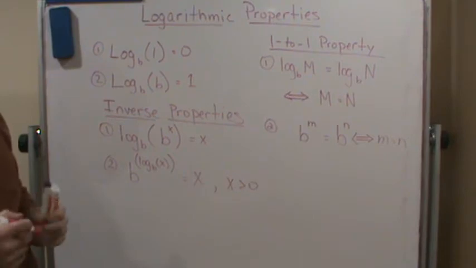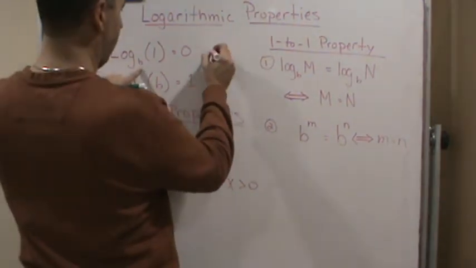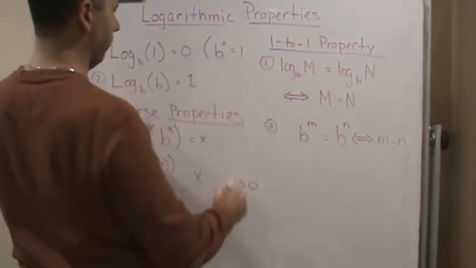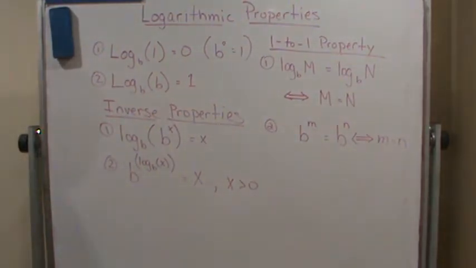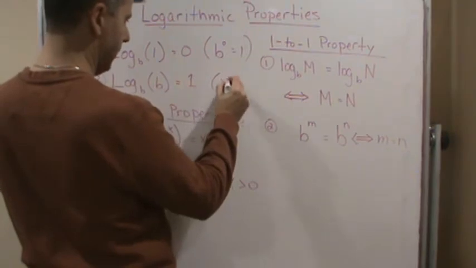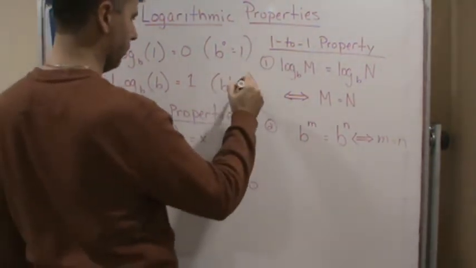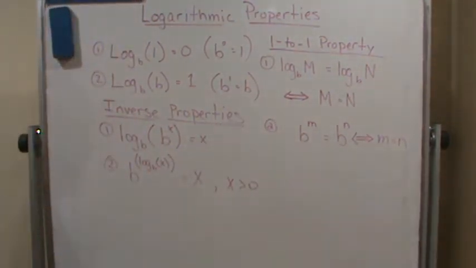And of course, if we look at the exponential form for these, you'll know why. So if you look at this, b to the 0 equals 1, right? Well, that's true. And then this is saying b to the 1 power is equal to b, right?